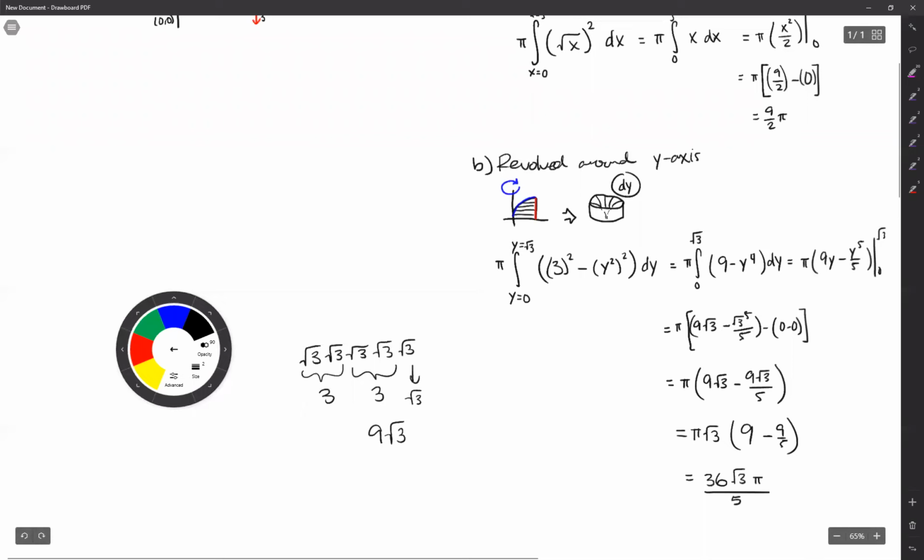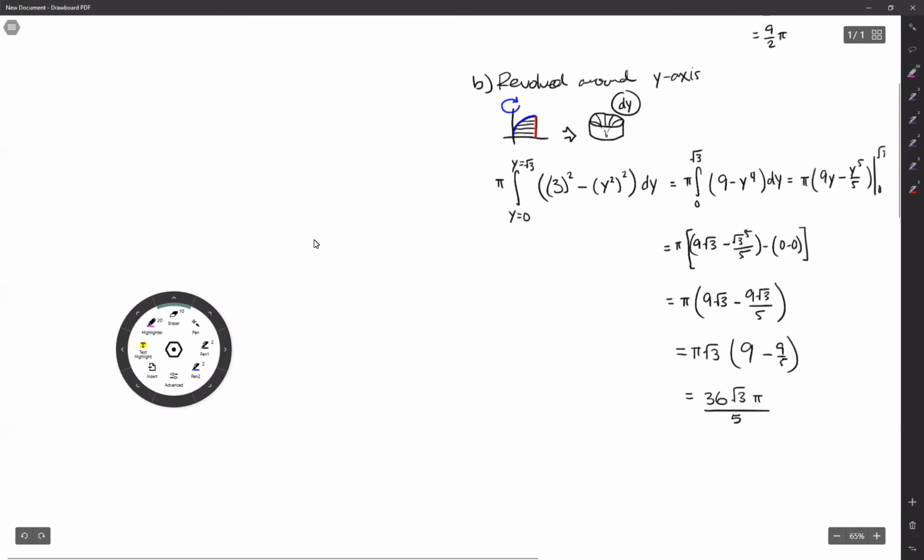Okay, now we're going to do a slight variation on this, where our axis of rotation is still vertical. It is just not exactly the y-axis. Let me erase this. Okay, so I'll do it over here just so you can see this and the last one side by side.